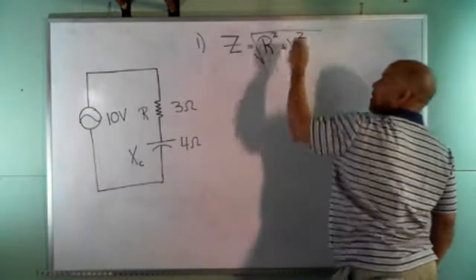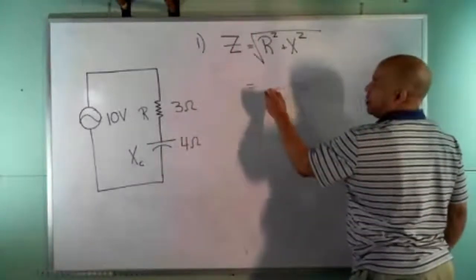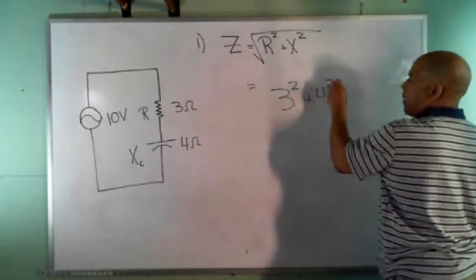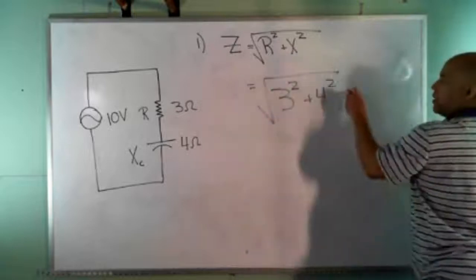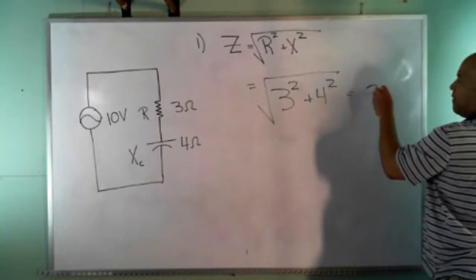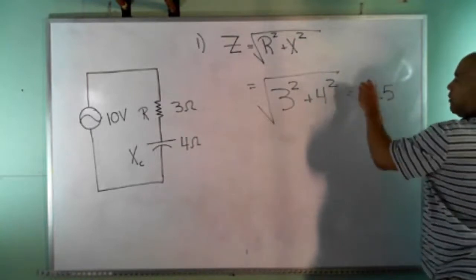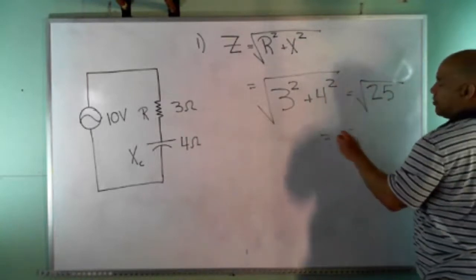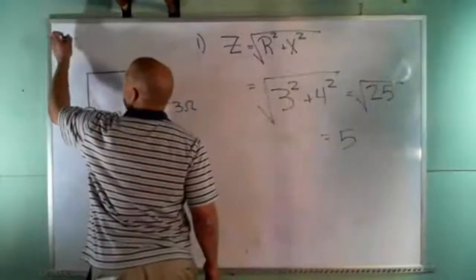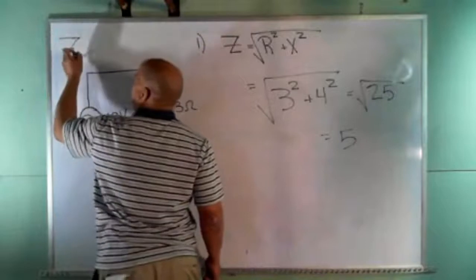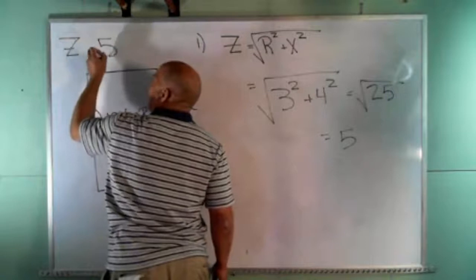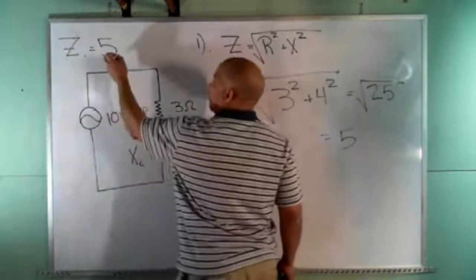So for Z, we have 3 squared plus 4 squared, that's 9 plus 16, which gives me 25. The square root of 25 is 5. So I know my total opposition, Z, is 5, and the units are ohms.